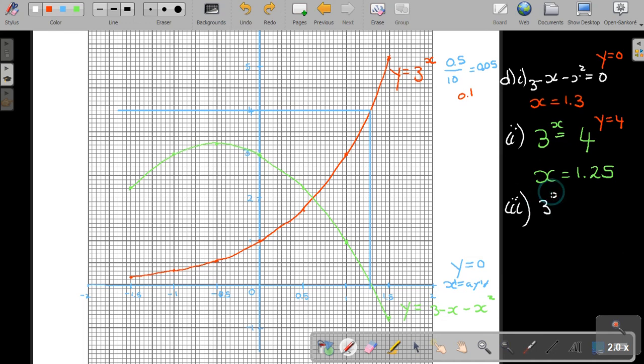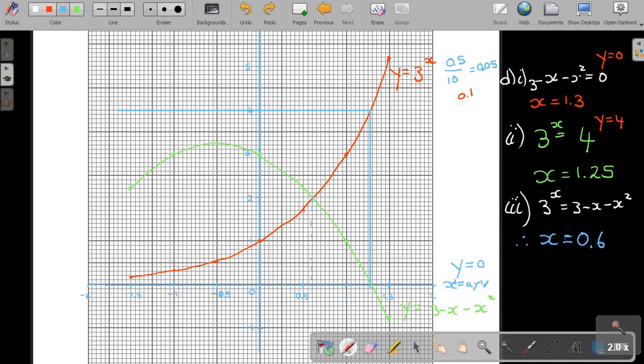I say 3 to the power x equals 3 minus x squared. So this is my exponential, this is my parabola, and I'm asking you, where are they equal? They are equal where they intersect. They intersect there. And if they do it like this, they don't ask you the coordinate point. They just ask the value of x. So it's going to be 0.6. So therefore, x is equal to 0.6.